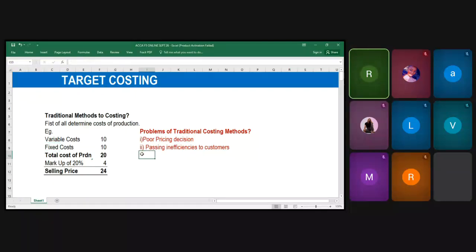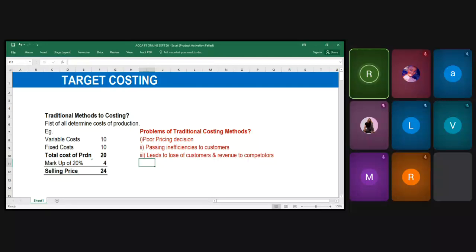That is the problem. We pass inefficiencies to customers, which may lead to loss of customers and revenue to competitors. If our competitors have a lower price, we lose our customers.